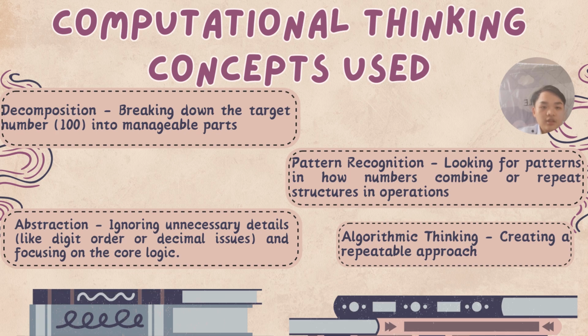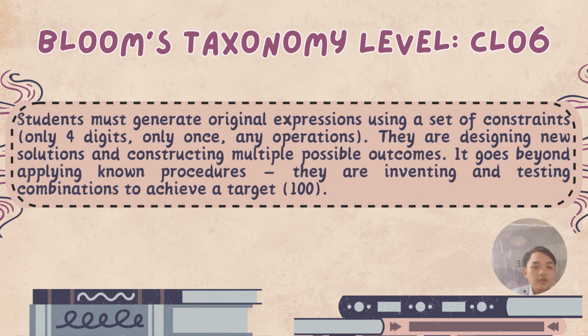For abstraction, we ignore unnecessary details like digit order or decimal issues, and focus on the core logic. For the last, algorithmic thinking, we create a repeatable approach to get the final result. This question involves Bloom's taxonomy level CL6, which is creating.